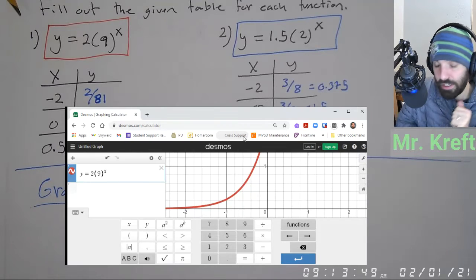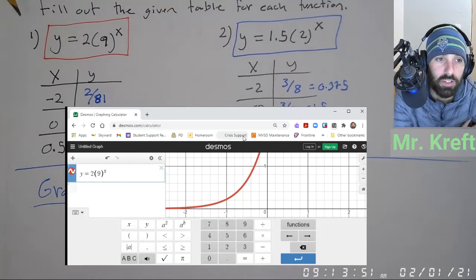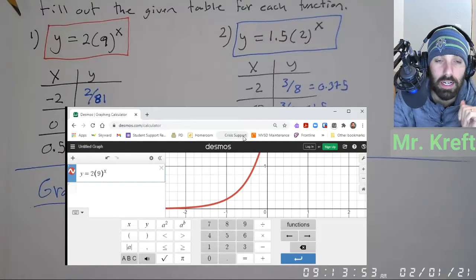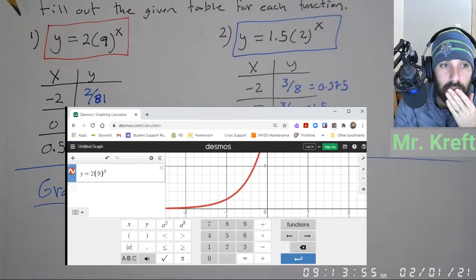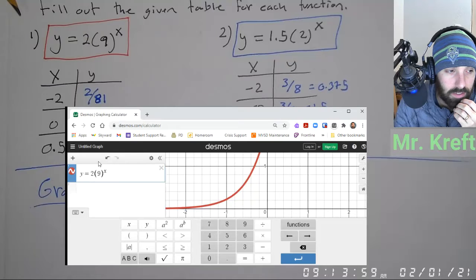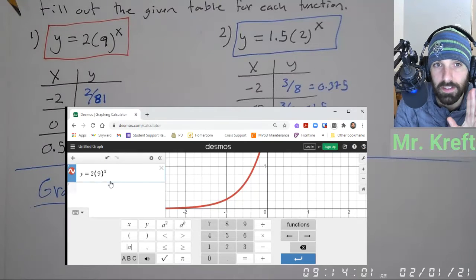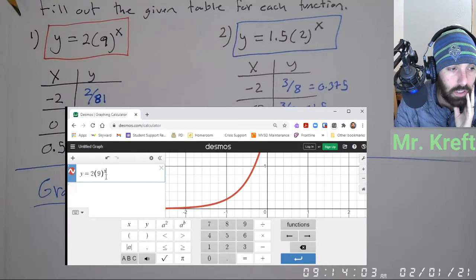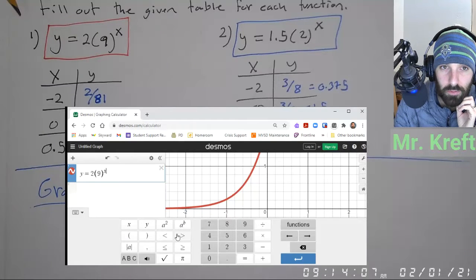Okay, I'm going to pause there for a second before we look at the graph. Does anybody have questions about inputting this? Right, so I'm typing it in exactly as I see it. Right, I'm typing in exactly as it shows up with the y equals. And then everything we need is also right here if you don't want to use the keyboard.